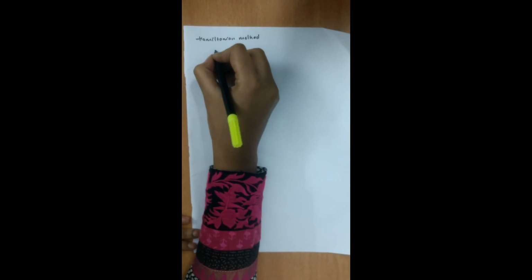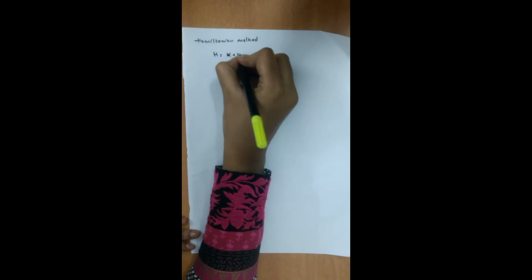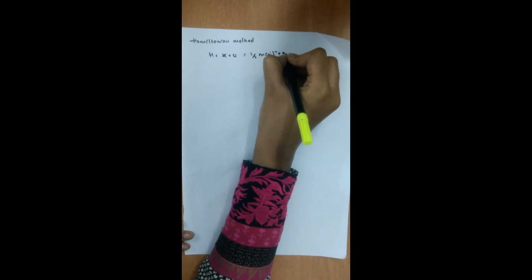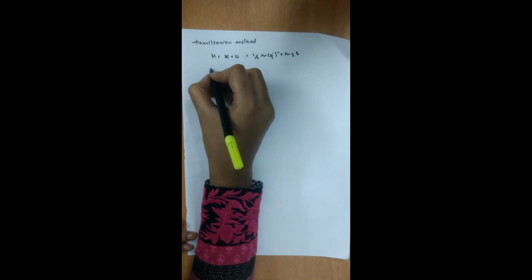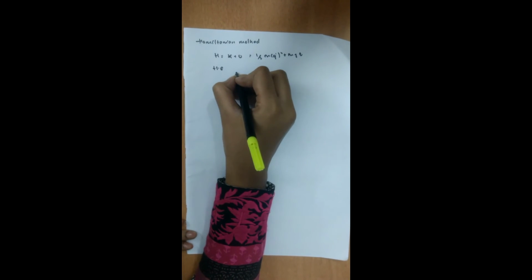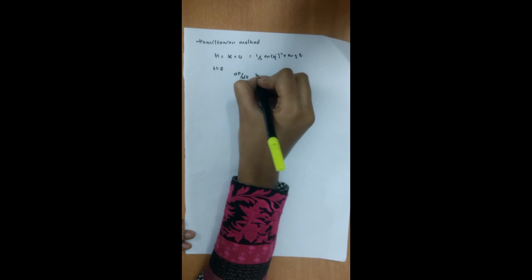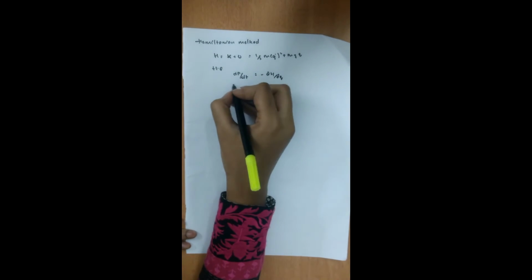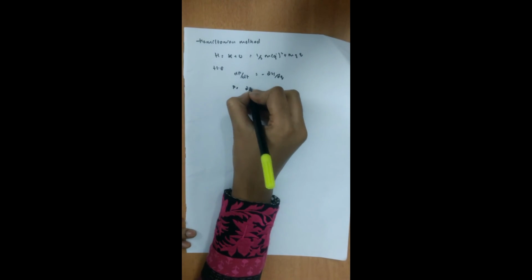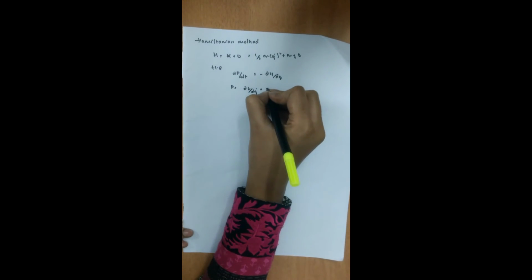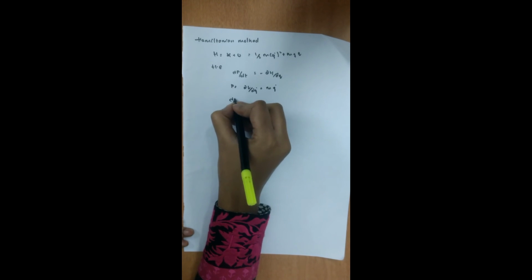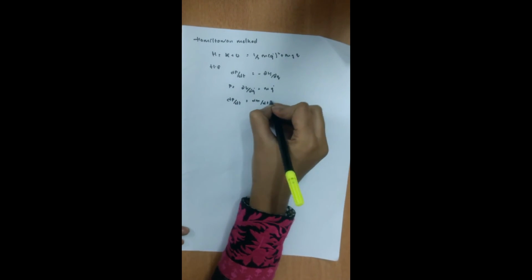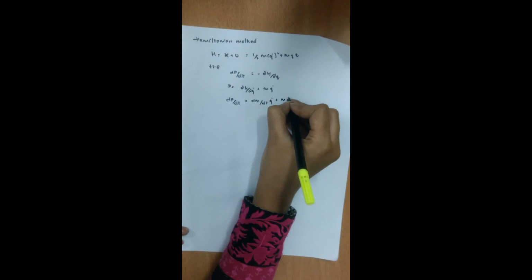We know that H equal to K plus U, which is half m q dot square plus mgq. And we also know the Hamiltonian equation, that is dp by dt equal to minus dou H by dou q. But we know that p equal to dou L by dou q dot, which is equal to m q dot, and dp by dt we will get dm by dt q dot plus m q double dot.